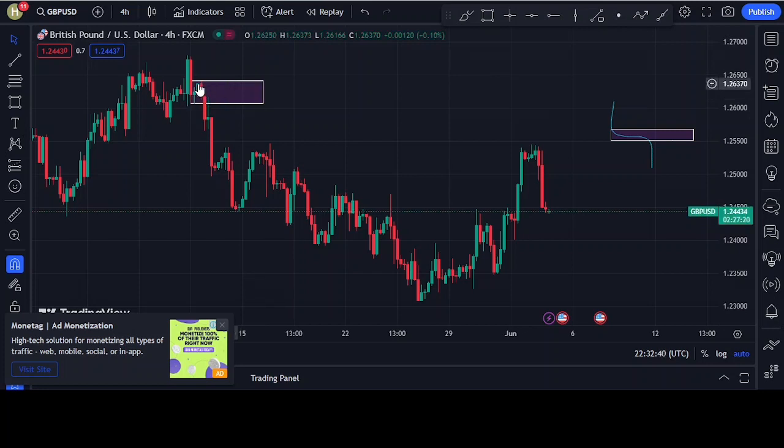You usually draw off the green candle when you are drawing a supply zone, and when you are drawing a demand zone, you draw off the red candles. What is important is to spot which area you are taking as your zone. So you take the highest, then you take the lowest, and you draw out your zone.